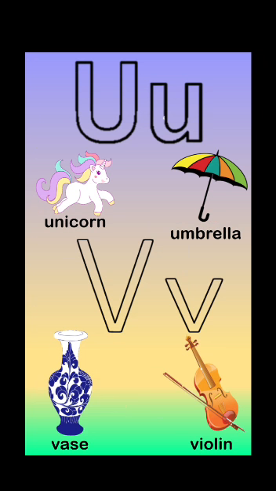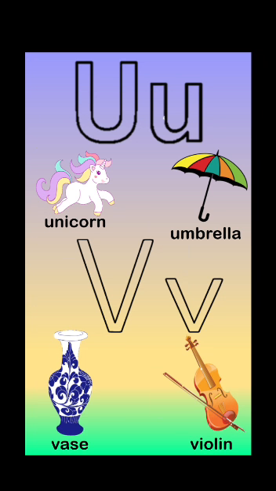Now the next is U. Which letter is this? U. And the sound of letter U is A. U for unicorn. U for umbrella.